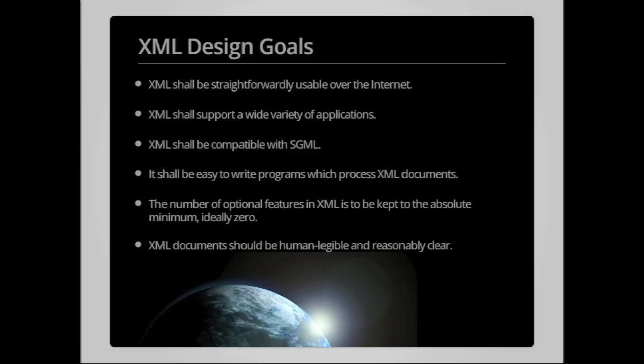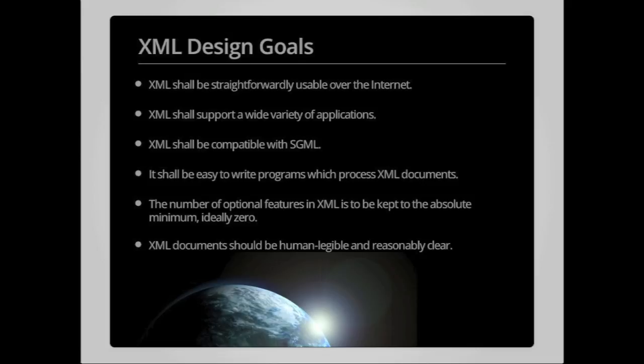Also, XML was designed to be able to support a wide variety of applications. So while it has structural requirements, those structural requirements embody a tremendous amount of flexibility in terms of how that structure is used to represent content required for particular applications. Given its lineage from SGML, XML was required to be compatible with the SGML standard as a predecessor.